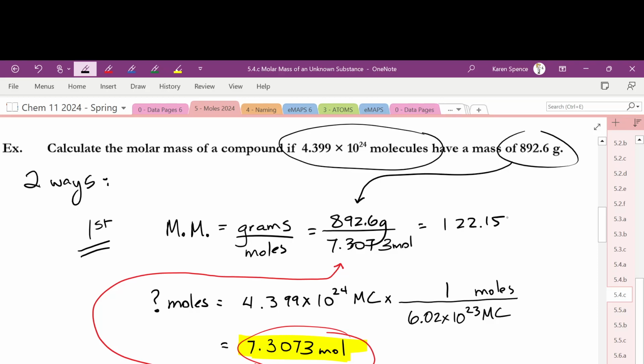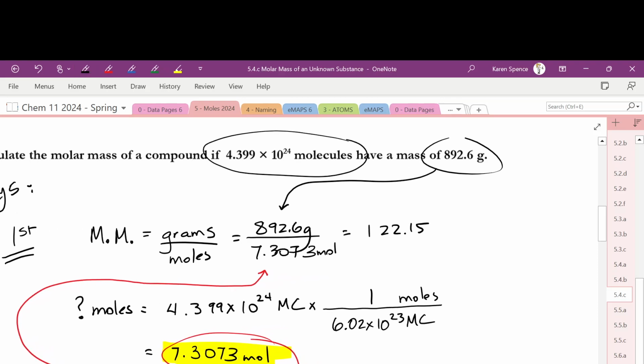And we need to round that to how many sig figs? Everybody, how many sig figs? 3 sig figs because of the 6.02 times 10 to the 23. Okay, so that would become 122 grams per mole.